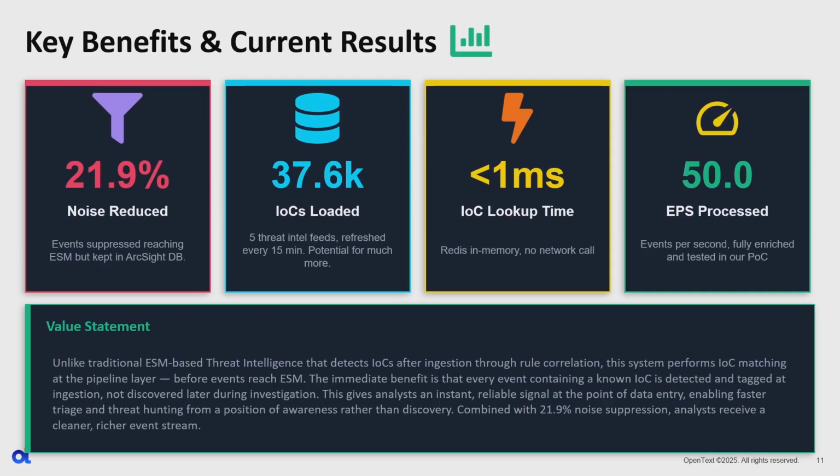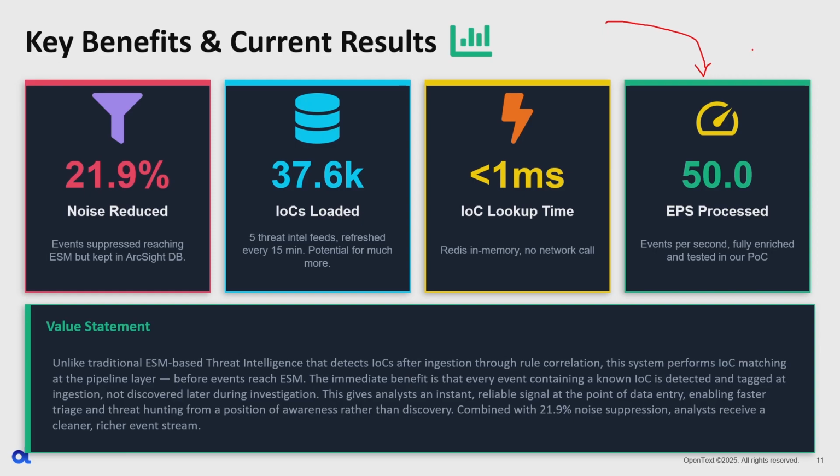Some key benefits and some of the current results. Of course, those results are now in a test environment, so I couldn't use, I don't know, 1000 TPS or 10,000 EPS. It's yet to be seen how it's going to behave and how many resources would be necessary, and whether this whole idea can succeed or not.